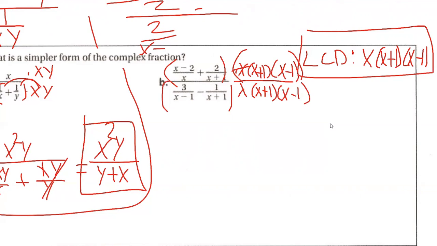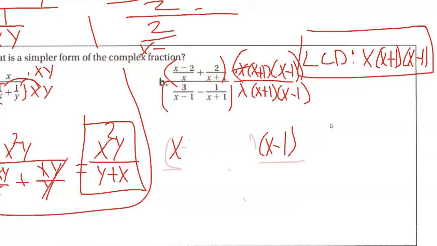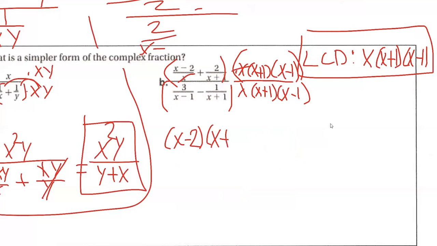You're going to have the x minus 2 on the top, the x, the x plus 1, the x minus 1, and then it would be over that original x. But that's going to cancel out. So for this first part, you're really just going to have the x minus 2, the x plus 1, the x minus 1, and then we're going to do the second part.